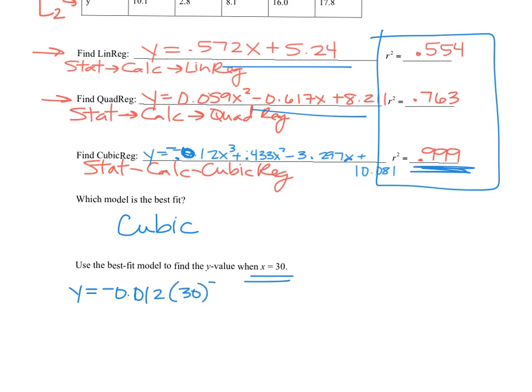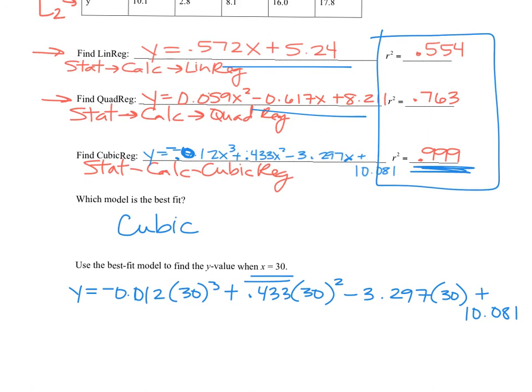Times 30 cubed plus 0.433 times 30 squared minus 3.297 times 30 plus 10.081. You literally are plugging that into your calculator, which should be a no-brainer, hopefully.